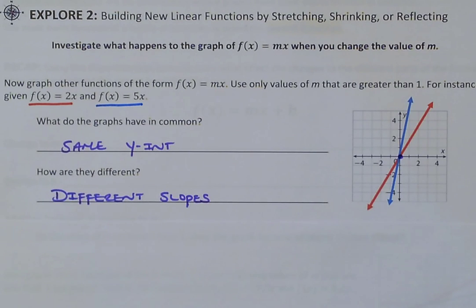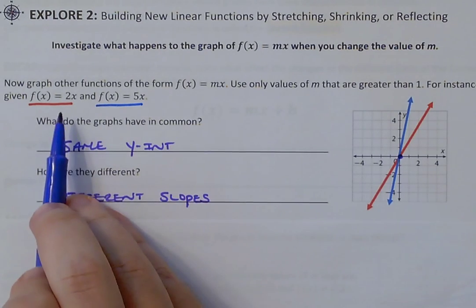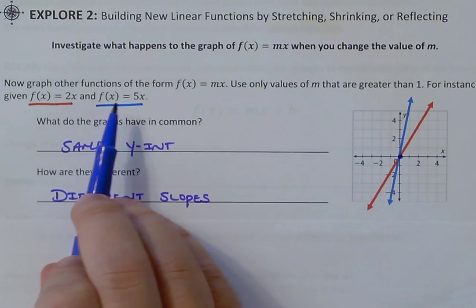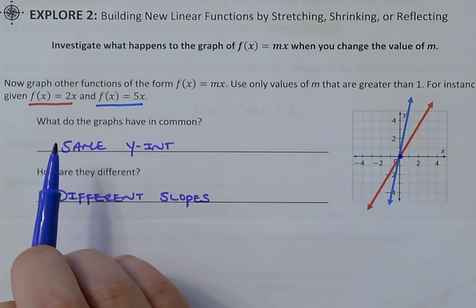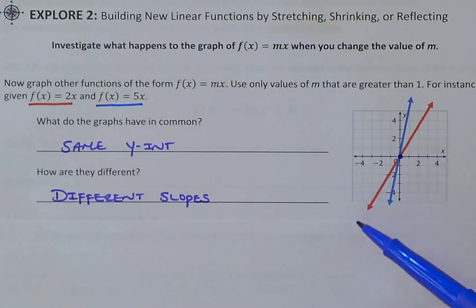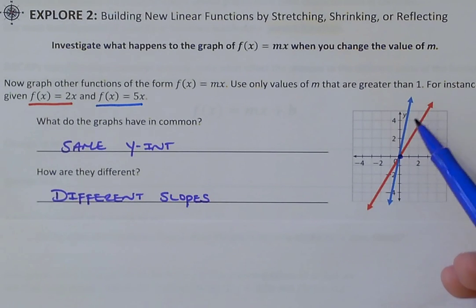As we look at the red line and the blue line, the equation of the red line is 2x, the equation of the blue line is 5x, so the number in front of x has increased. If we go from red to blue, the number for the slope has increased.